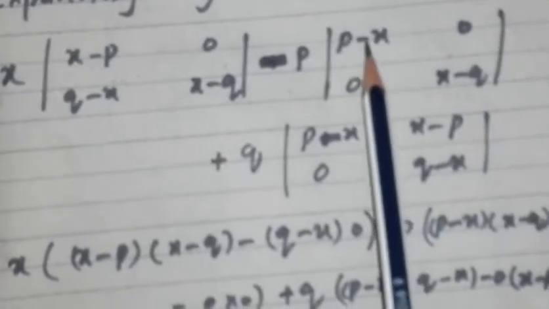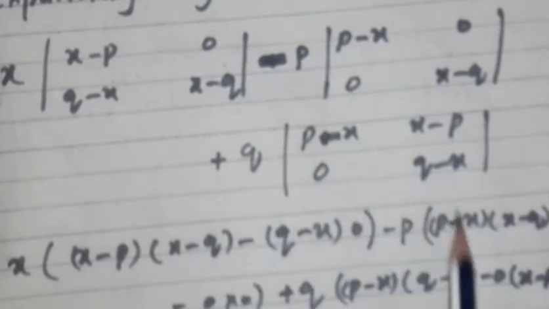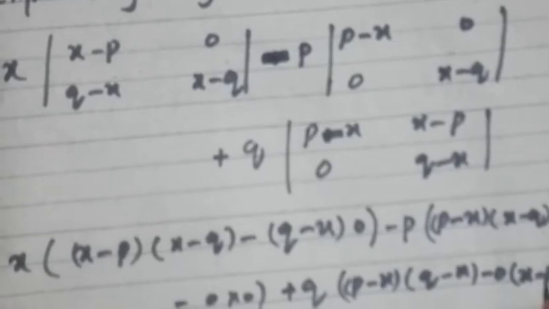Minus P minus X into X minus Q minus 0 into 0, plus Q, P minus X into Q minus X minus 0 into X minus P.